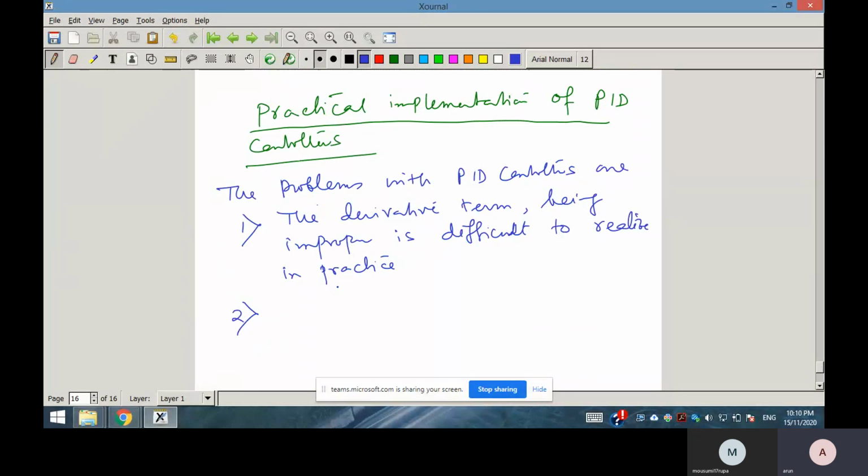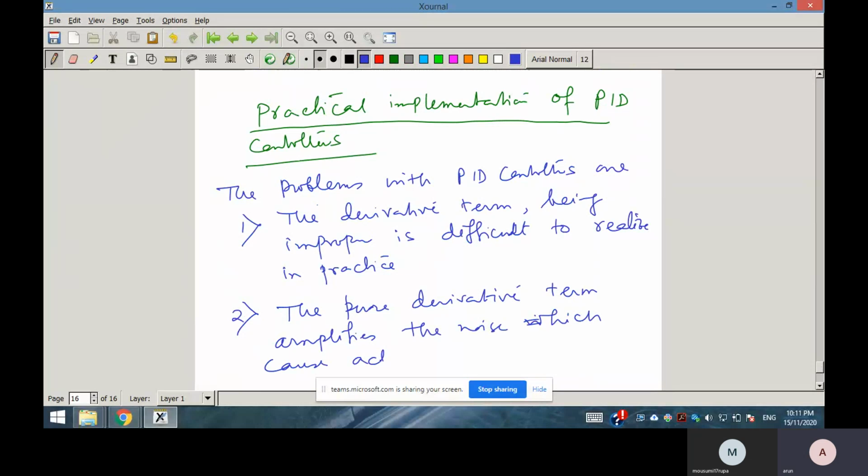The pure derivative term will amplify the noise, which will cause actuator saturation.